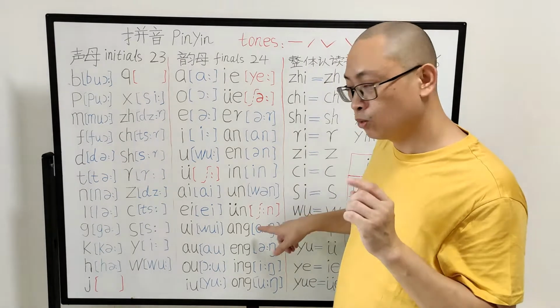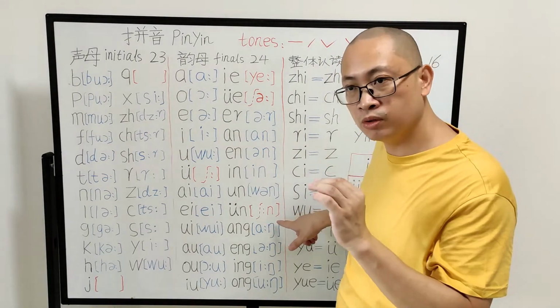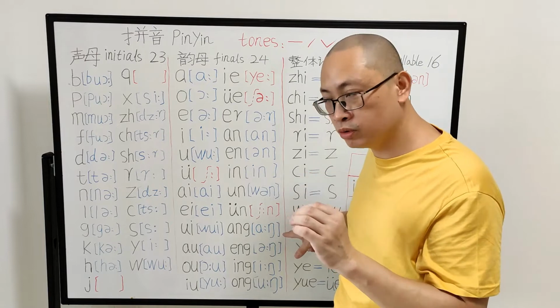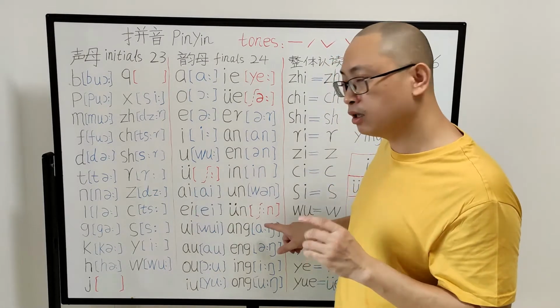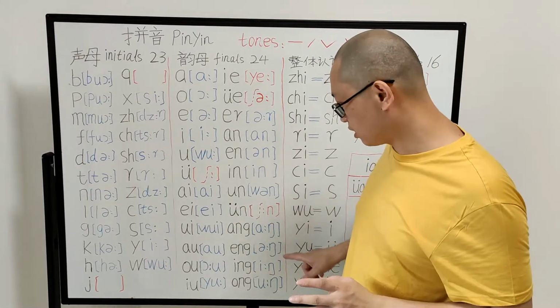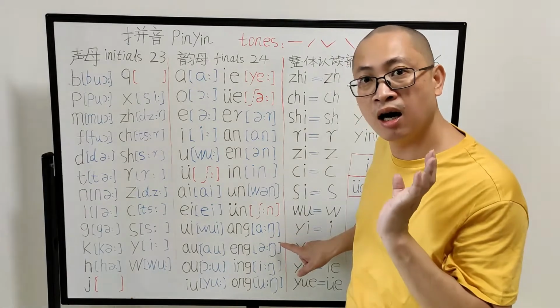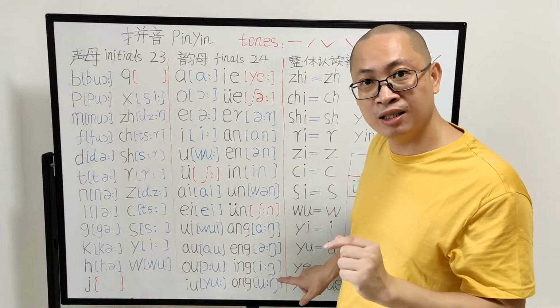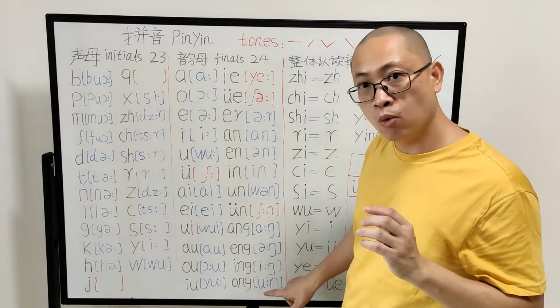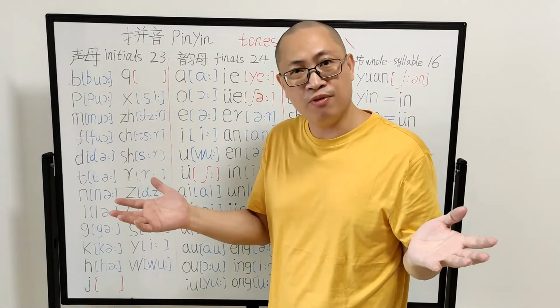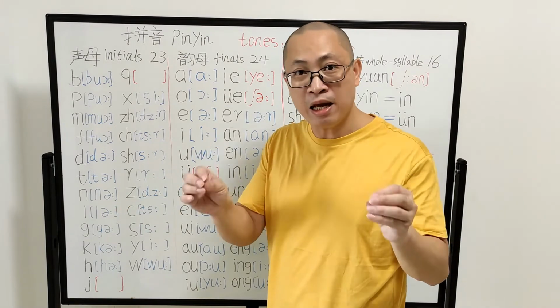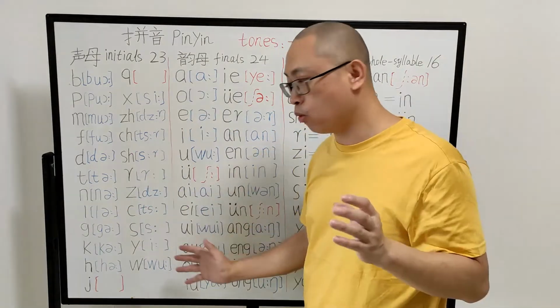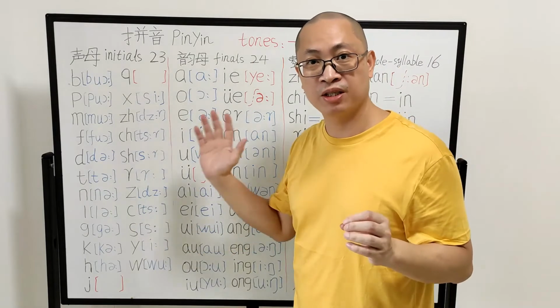Next, ü, en, yun, ü, en, yun. Next, an, next, en, in. Very easy, without any difficulty to pronounce all these voices.